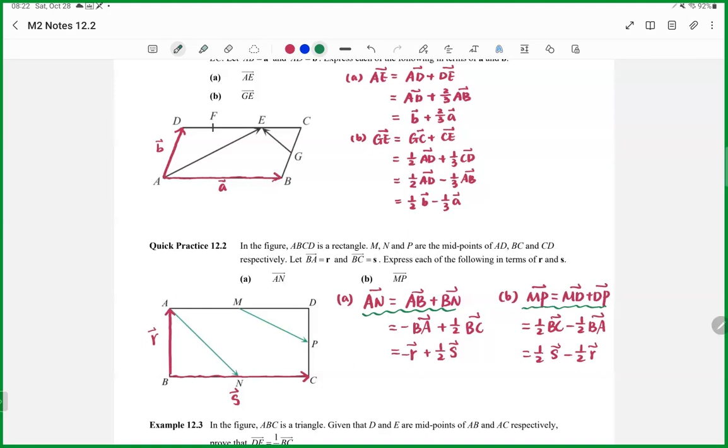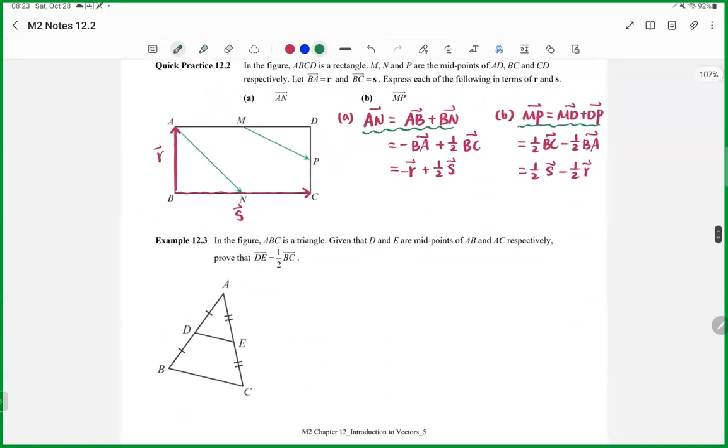So using addition, you're just adding a mid-stop for this vector. So AB plus BN is AN. For MP, it's MD plus DP. Okay. Now, is there any other method? I think so, but maybe longer, right? Later on, we'll see.